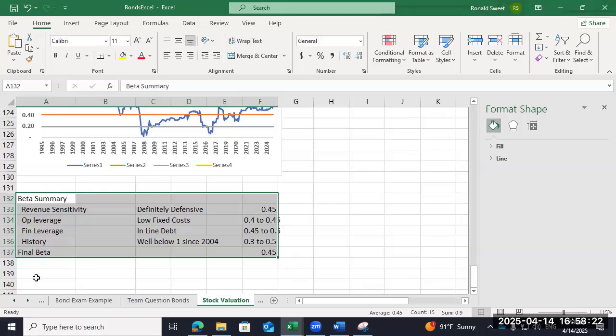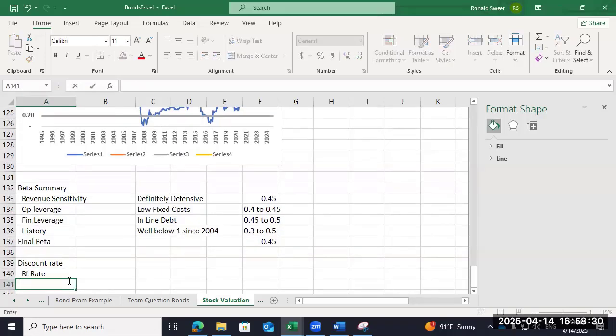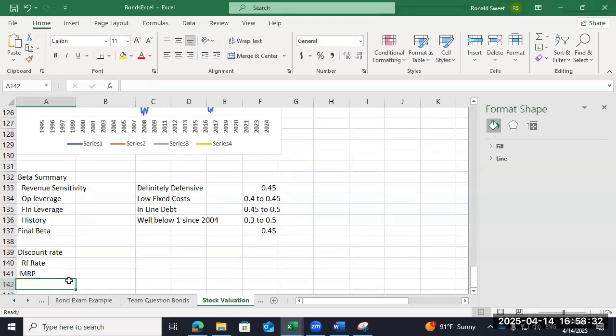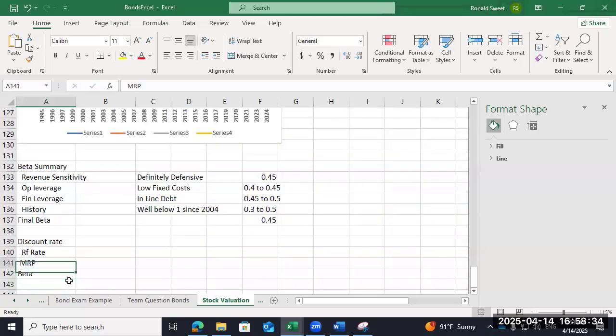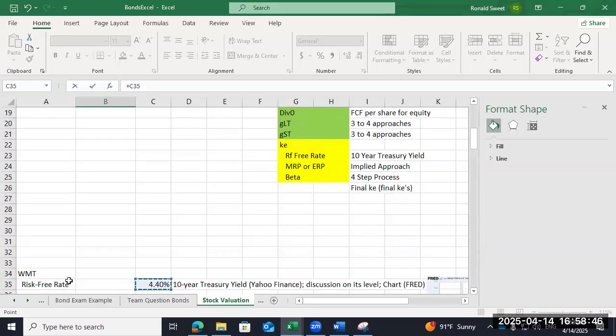And looks like we got 2 minutes. So then we say my discount rate. It's going to be the risk-free rate plus market risk premium times beta. So discount rate equals the risk-free rate plus market risk premium times beta. So my risk-free rate was whatever it was, 4.4%.